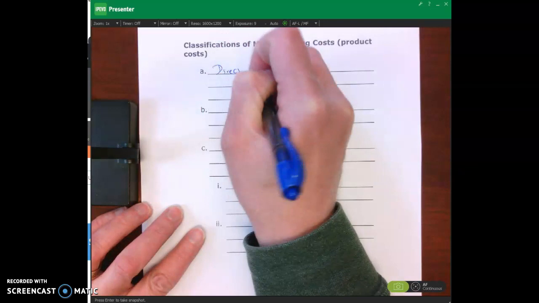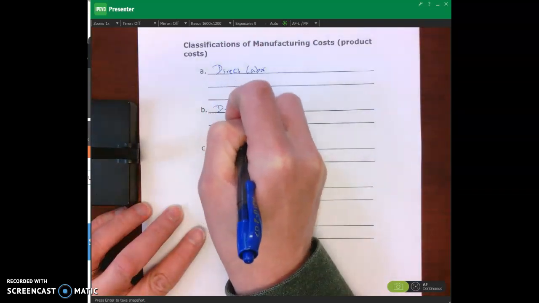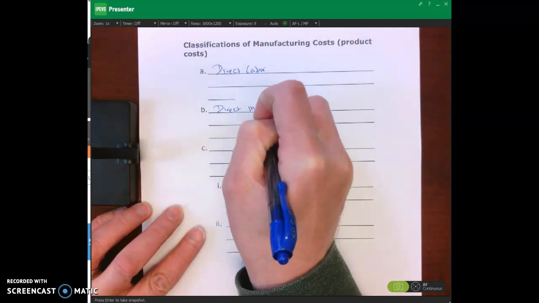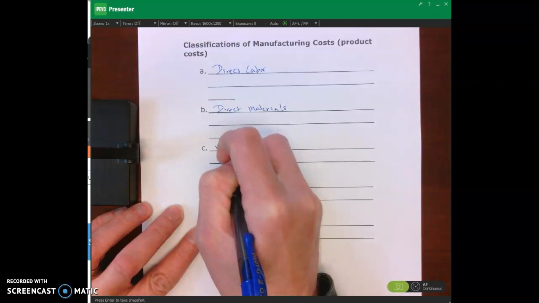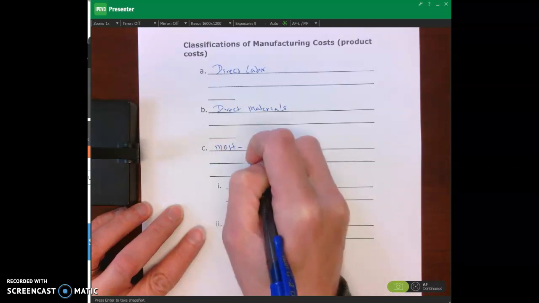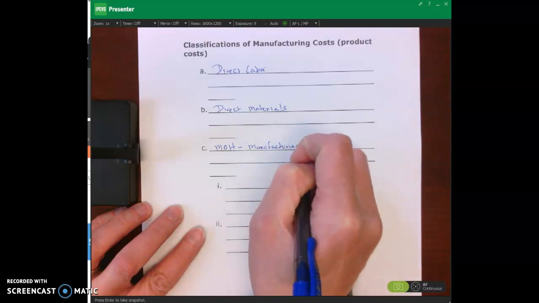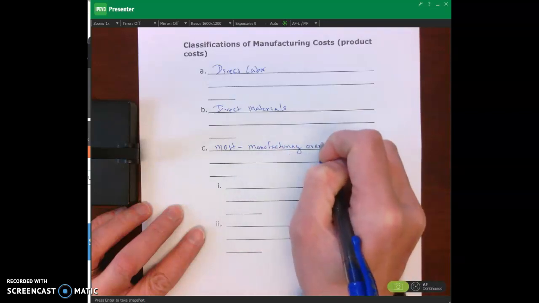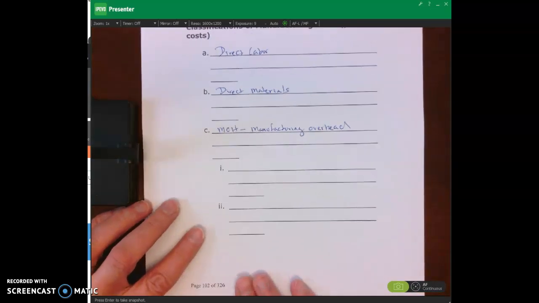It's direct labor, direct materials, MOH, which stands for manufacturing overhead. And then manufacturing overhead has three subclassifications.